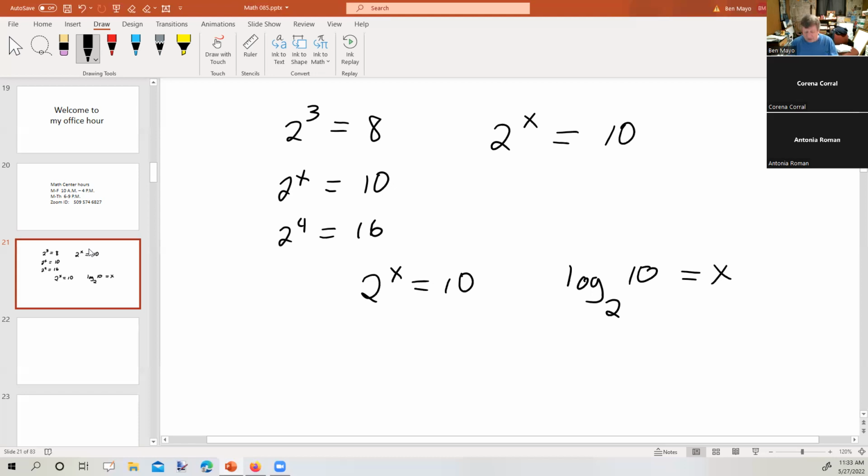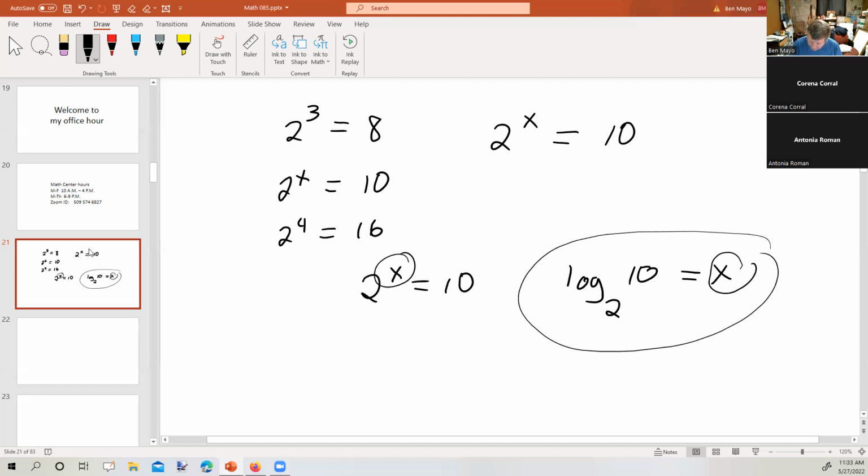Now, if you've never seen logarithms before, this is like, what's going on here? Don't panic. That's what we're going to be looking at these next few days. But the point is, by writing it in this form, I've isolated the variable, the thing I'm trying to solve for. So if I could then say, well, what's log base 2 of 10? And we do have a way to do that, and we'll be looking at that. I could get the answer to my question as to 2 to what power equals 10.